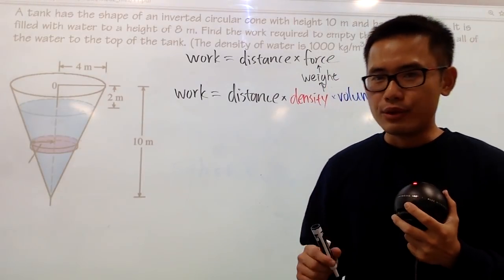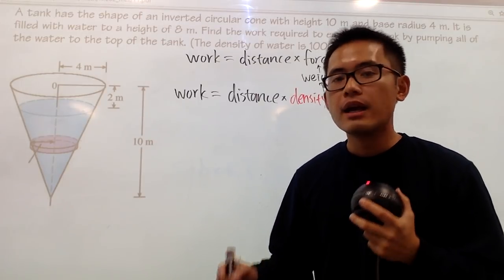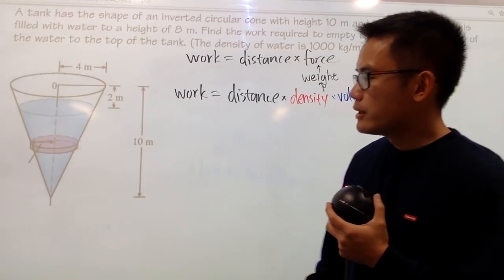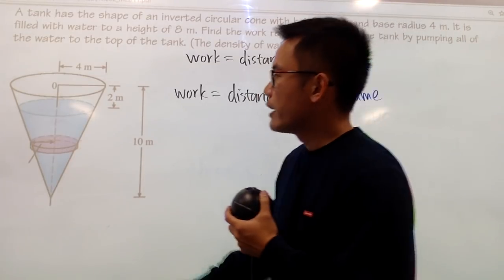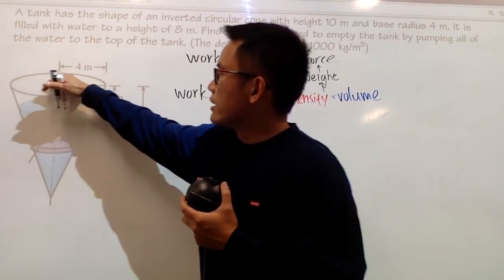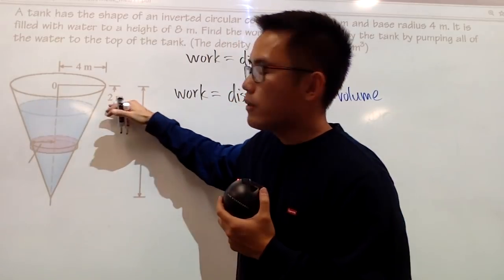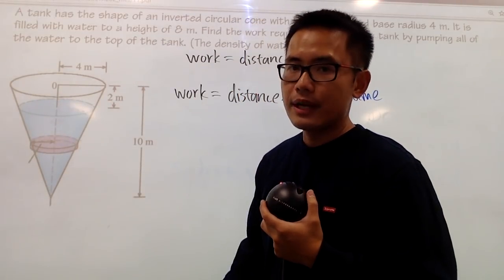And this is what we have to do in order for us to do algebra, to come up with equations and things like that. First, we have to set up our reference frame. Namely, we have to put down the x and y axes. And we have choices. We can put the x-axis right here on the top of the tank, or right here on the top of the water level, or right here down below all the way on the bottom, all right?